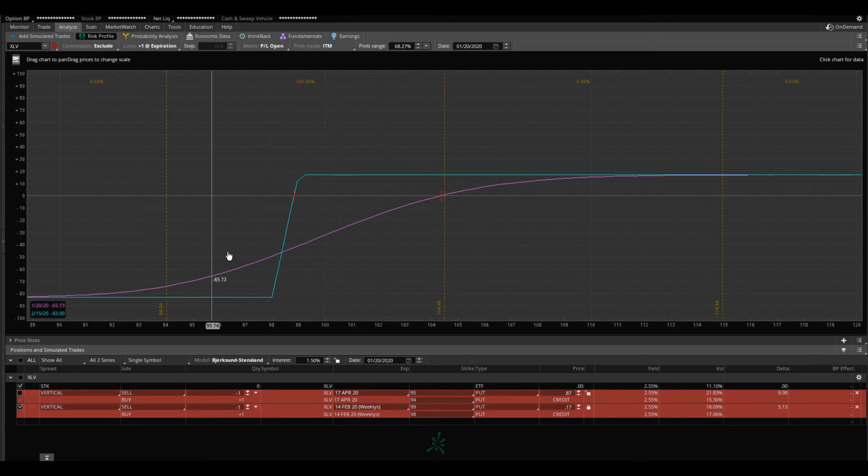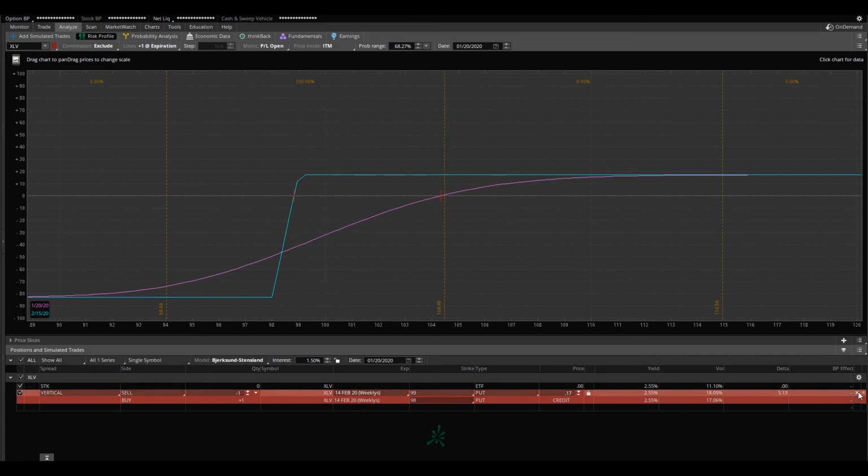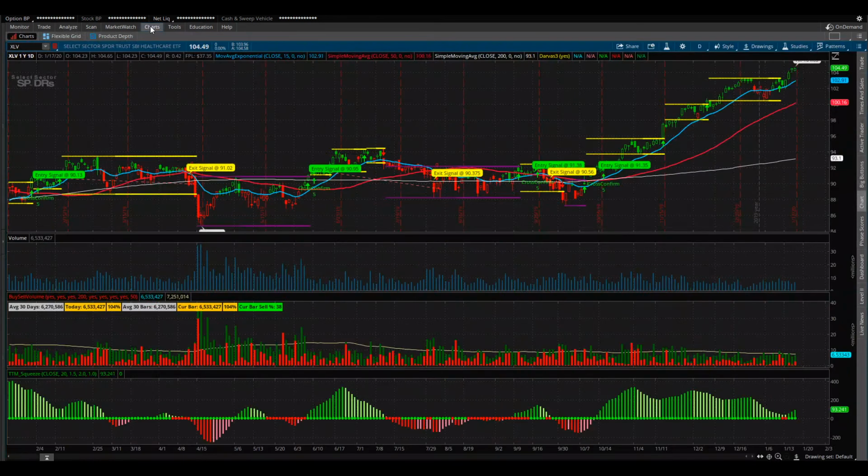So here you go, on the XLV. I don't even know what the XLV price is right now. Let's take a look. So it's at 104. Broke through the resistance of 103.37. So that could be a buying opportunity if you're using support and resistance.